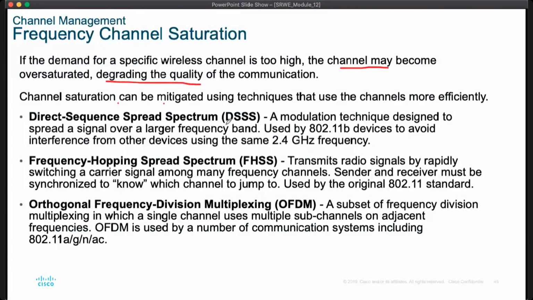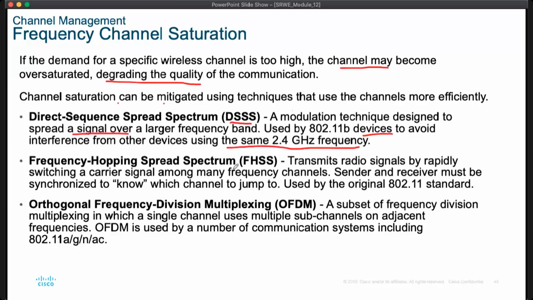First, DSSS, direct sequence spread spectrum, a modulation technique designed to spread a signal over a larger frequency band, used by 802.11b devices to avoid interference from other devices using the same frequency, which is 2.4 gigahertz.